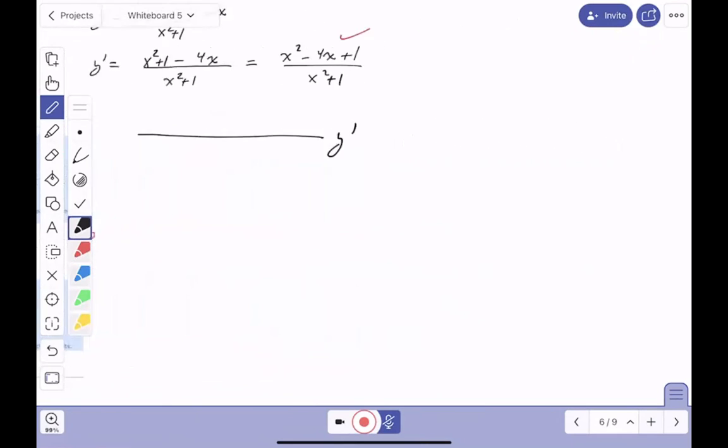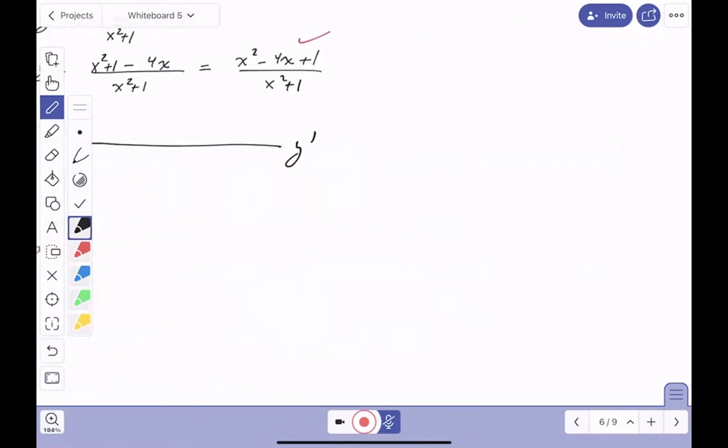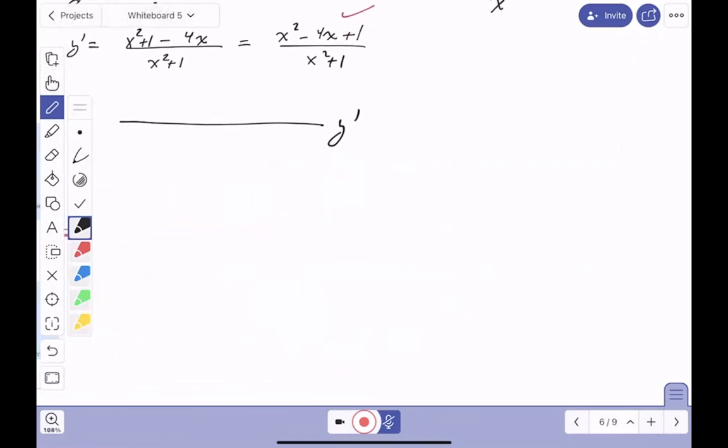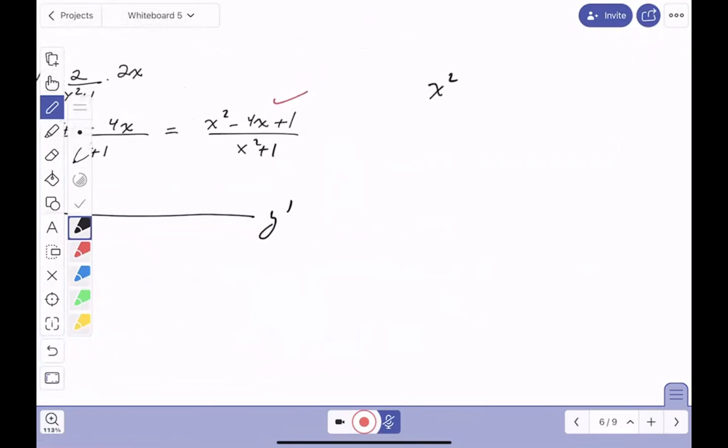And there's only one place where this thing would be equal to 0. It's never undefined, by the way. It's when x squared minus 4x plus 1 equals 0. Let me see if I can do that. Oops, sorry about that. And I'll look at the picture too. Well, I can't use my finger numbers to do that. So I'll use the quadratic formula. x equals, kind of nasty, right?